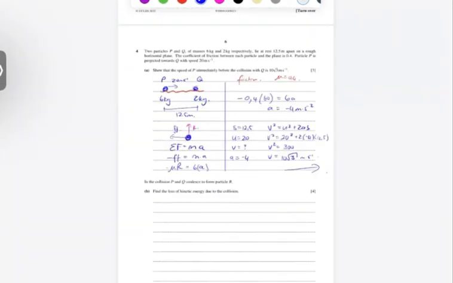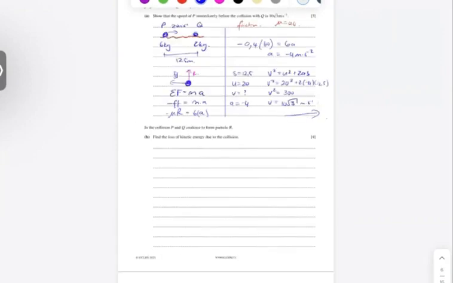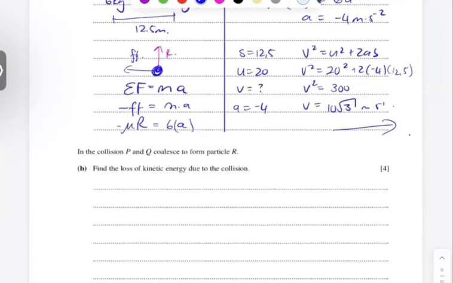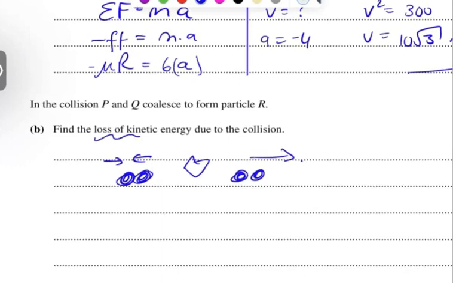Now there's a collision. In the collision, P and Q coalesce to form R. So P and Q are colliding. When we look at momentum, these are two separate particles. Find the loss in kinetic energy. So we need to know what's the speed before and what's the speed after, because speed affects kinetic energy. Because there's a collision, we're going to go into our momentum equation.